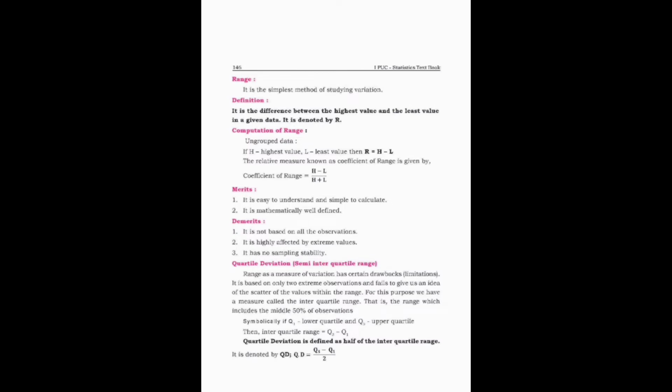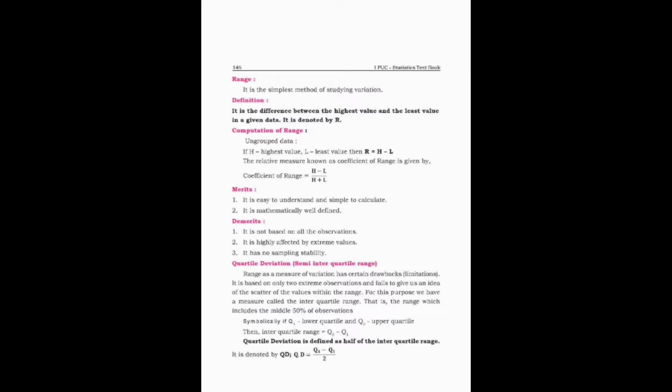The first measure is range. In the examination, they usually ask only 1 mark and 2 mark questions on range: either the definition of range or a small problem. We have to calculate the highest value minus the lowest value. What is a range? Range is the difference between the highest value and the lowest value in a given data.